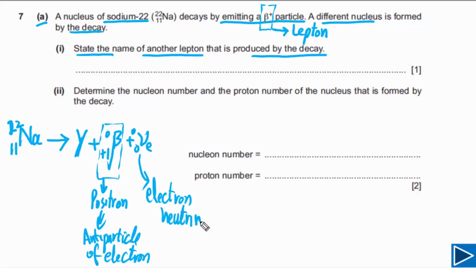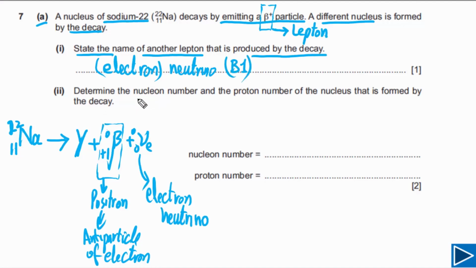At AS level you only need to understand the electron neutrino. So in the answer, you can write electron neutrino, but you will still get the mark if you only write neutrino. It is better to write electron neutrino, but if you only write neutrino, you still get the mark. So this is the mark.